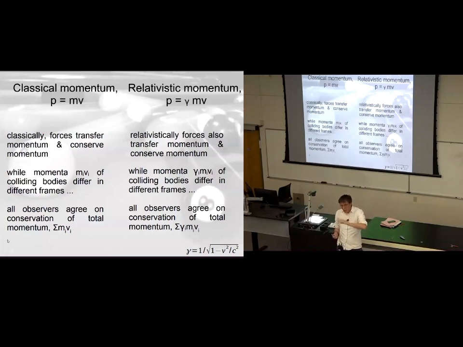The relativistic momentum of a particle, the equation is actually similar. We give it the symbol p again for momentum. It's p equals gamma mv: Lorentz factor times mass times velocity.